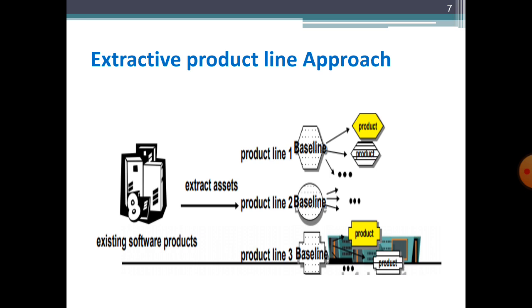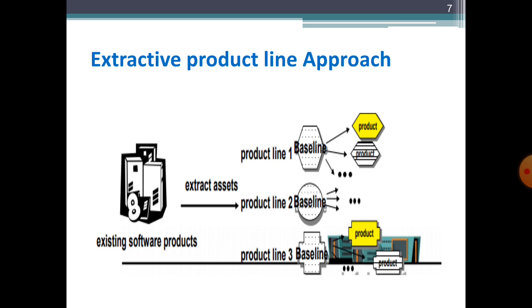After extracting the assets, we develop a product line. The actual product line is developed, like product line number one, up to three or more product lines are developed. And now from these product lines we develop different baselines. For each product line we develop a baseline, and now from these three different baselines we form a product with the combination of different baselines.